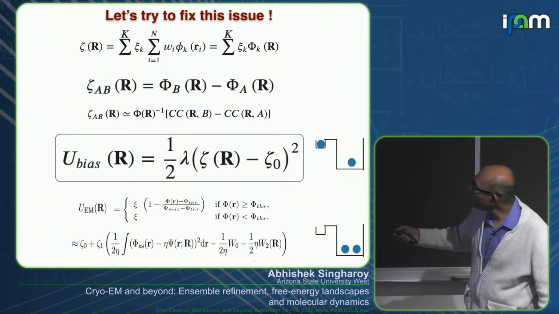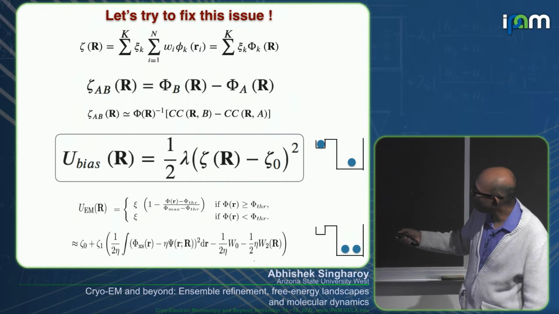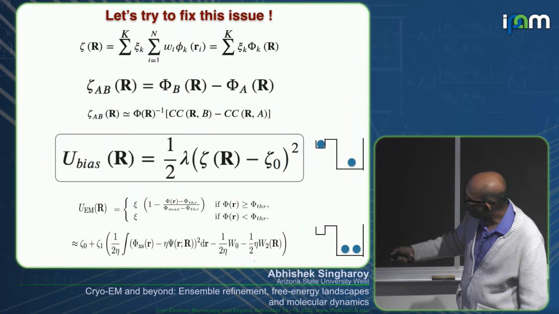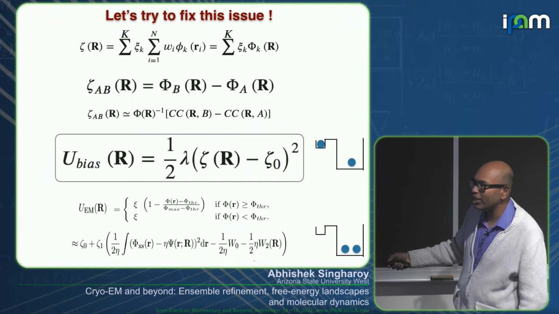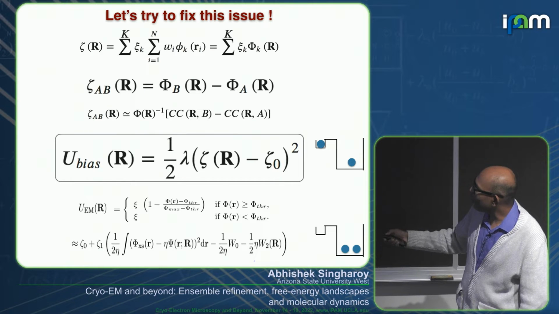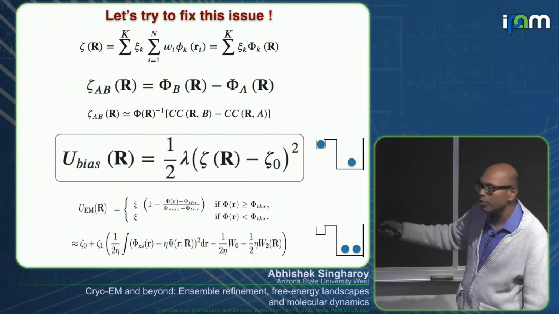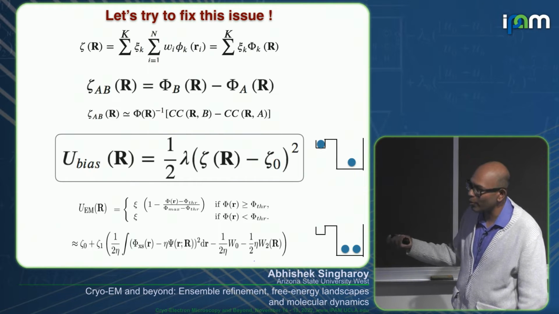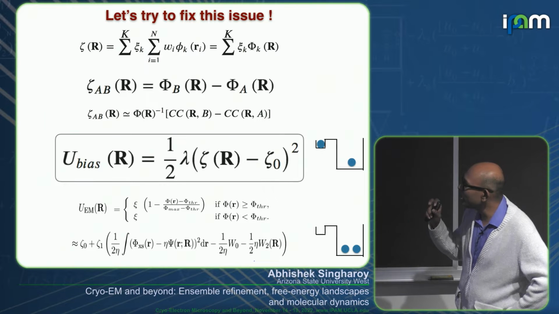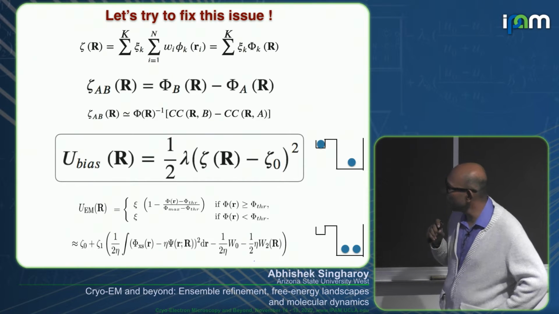If I have two minima like this, and if I were to minimize the density, then all my particles would have come to this point, and that would have given me this artifact. But if I'm doing a derivative of cross correlation, the particles will have to be distributed this way, otherwise the cross correlation will also be compromised. So it's essentially a cross correlation driven force that I'm able to draw.